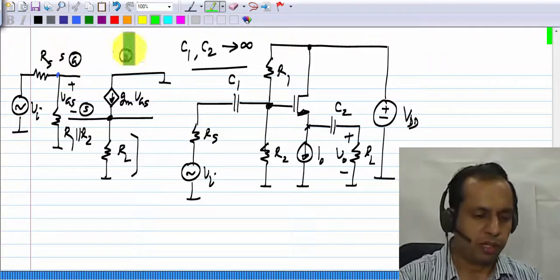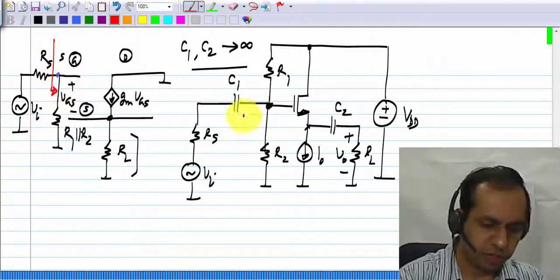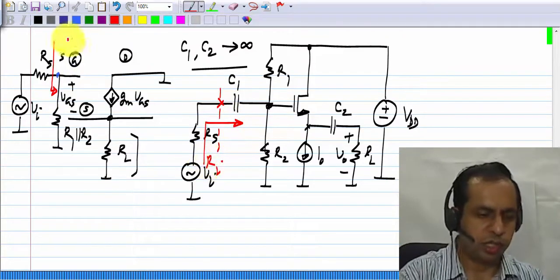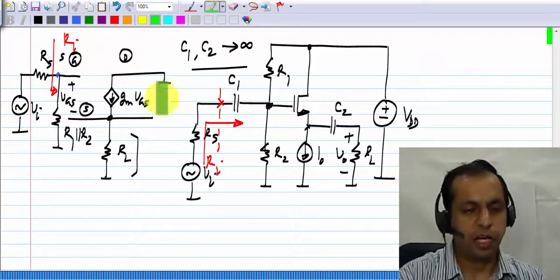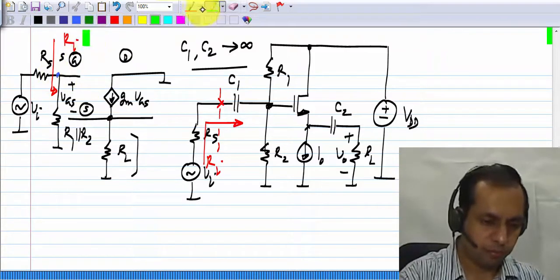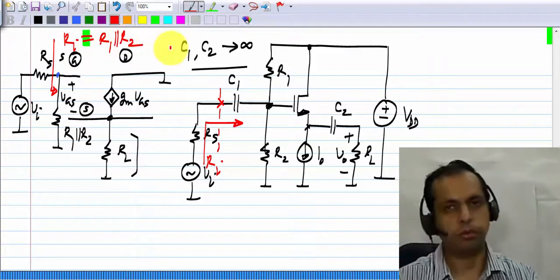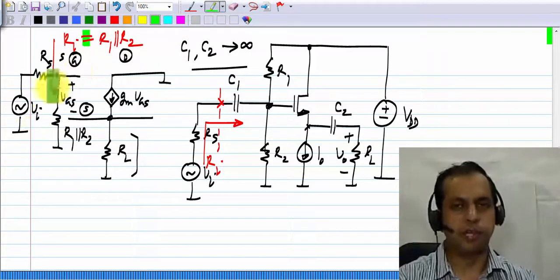Okay, we wanted the input resistance of the source follower, that is here wherever you connect the source, right? Looking in there, we wanted that to be infinite. Now we know that it's not infinite. What is it? I'm not going to evaluate this separately. It's very easy to see that it is equal to R1 parallel R2.